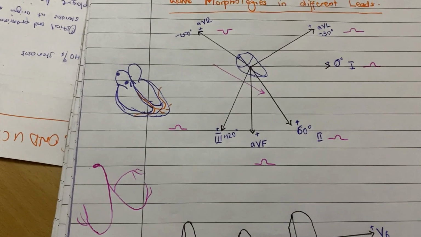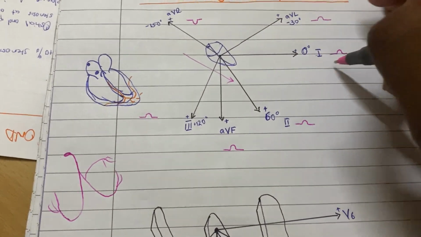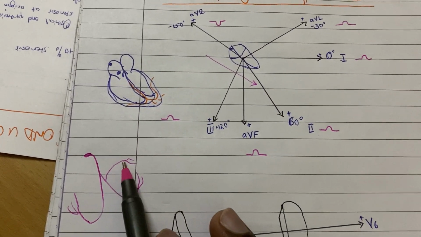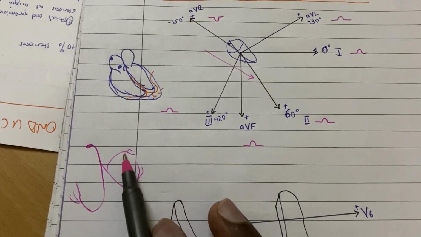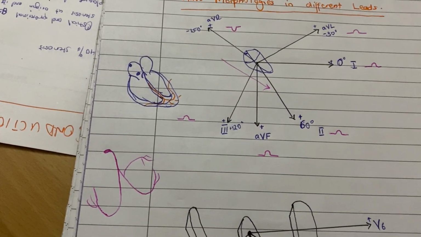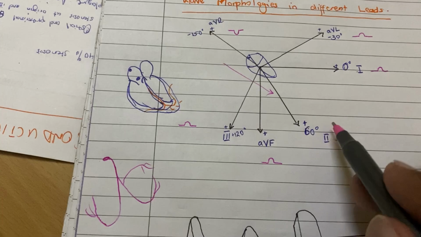So what is the effect? The high lateral leads will show deflection due to the anterior division first. They will get depolarized first, followed by the leads far away from this side.